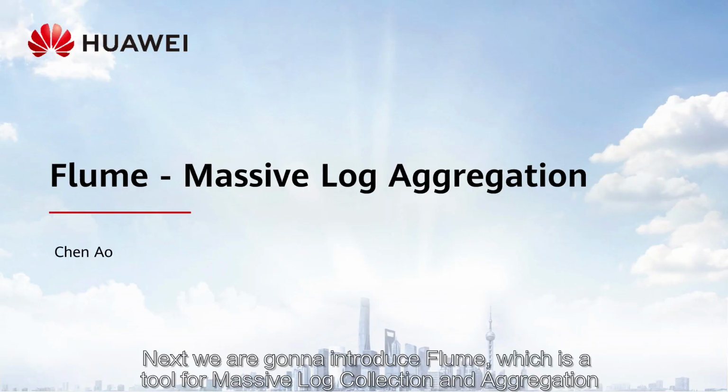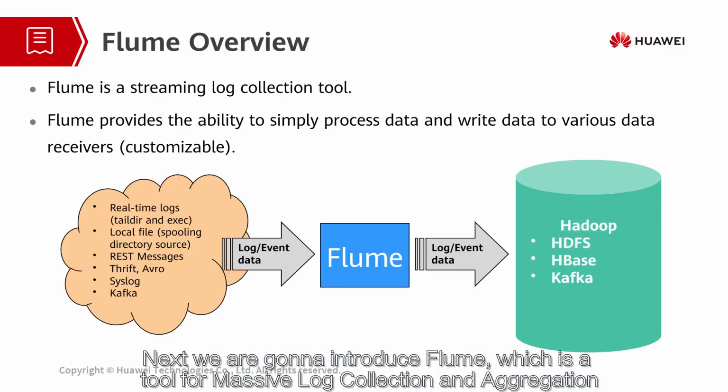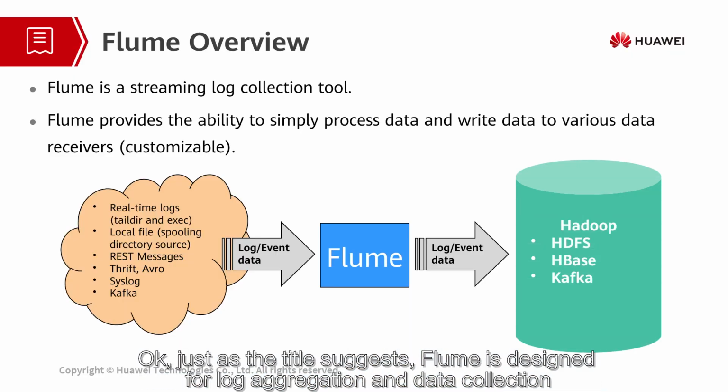Next, we are gonna introduce Flume, which is a tool for massive log collection and aggregation. Just as the title suggests, Flume is designed for log aggregation and data collection.